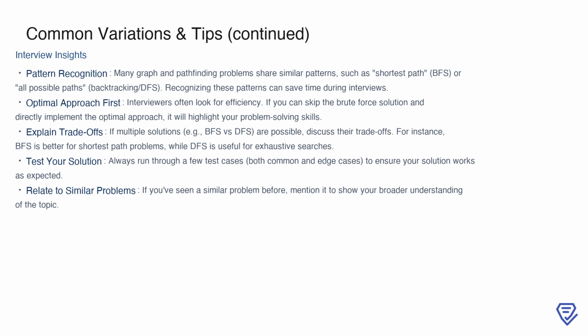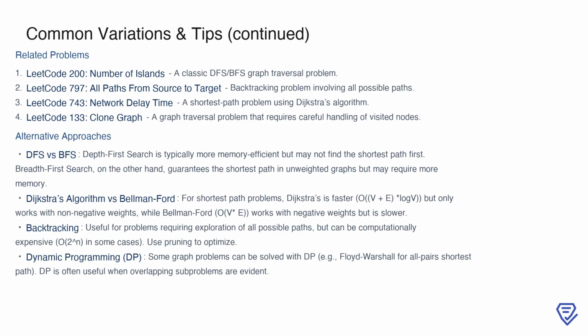Once you've implemented a solution, running through test cases, especially edge cases, can validate its correctness and robustness. If you've encountered a similar problem in the past, referencing it can highlight your broader experience and ability to draw connections between problems. Graph problems often share similarities with related challenges. For example, LeetCode 200, Number of Islands, is a classic problem for practicing DFS or BFS traversal.